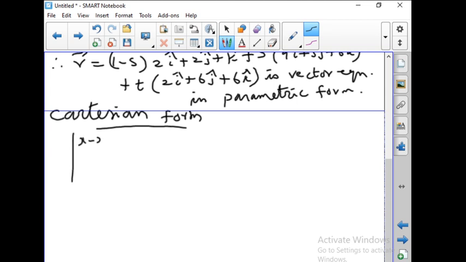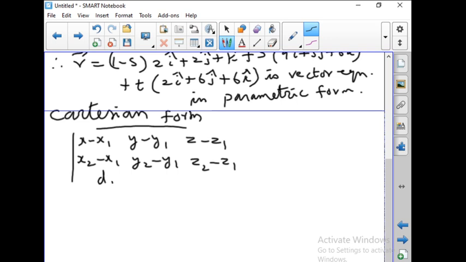Determinant of x minus x1, y minus y1, z minus z1; x2 minus x1, y2 minus y1, z2 minus z1; and d1, d2, d3. Whatever is given in the book I like to follow. Yeah, d1, d2, d3 is equal to 0.